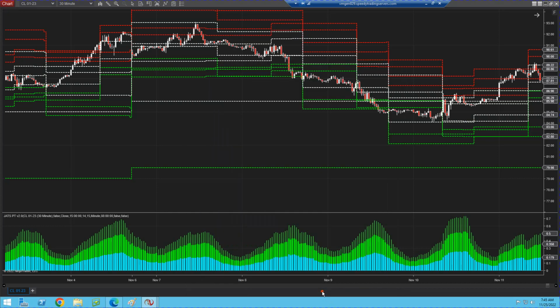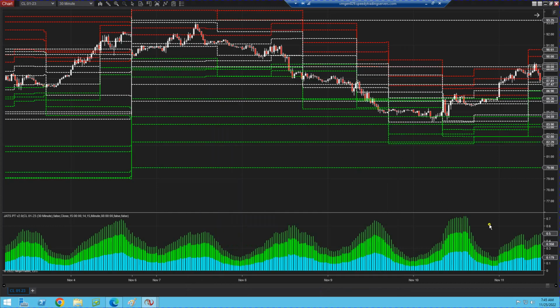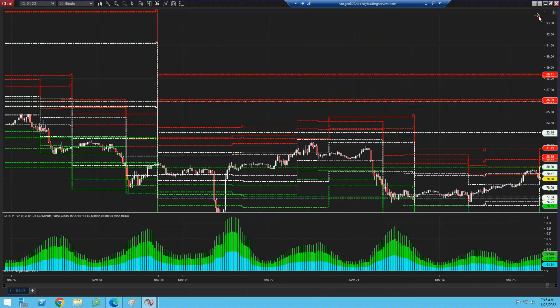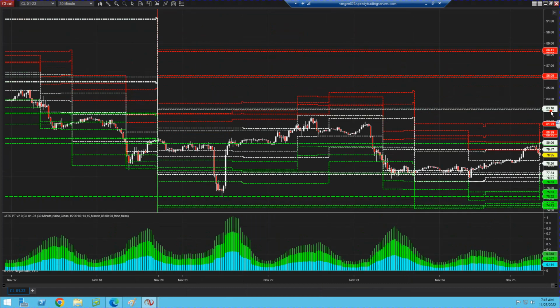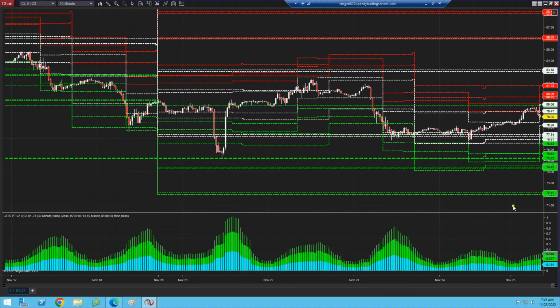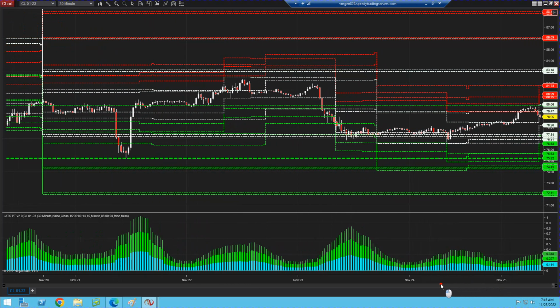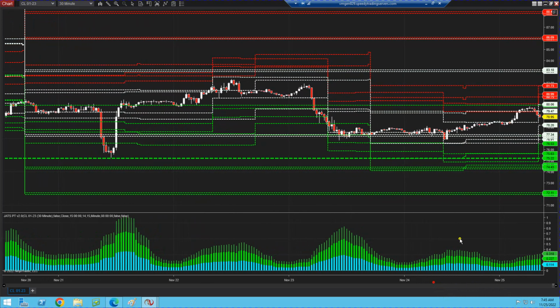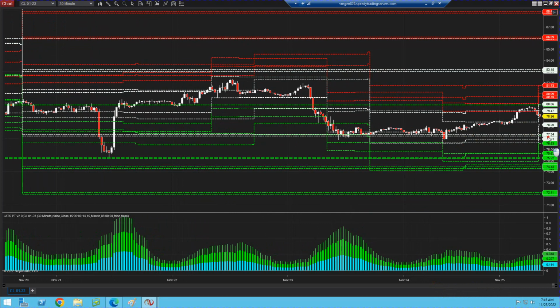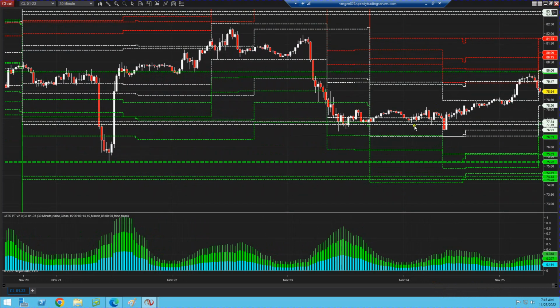So this makes it crazy with lines, but they give you such good levels once you understand what you're looking at. The ones are your risk lines, right?